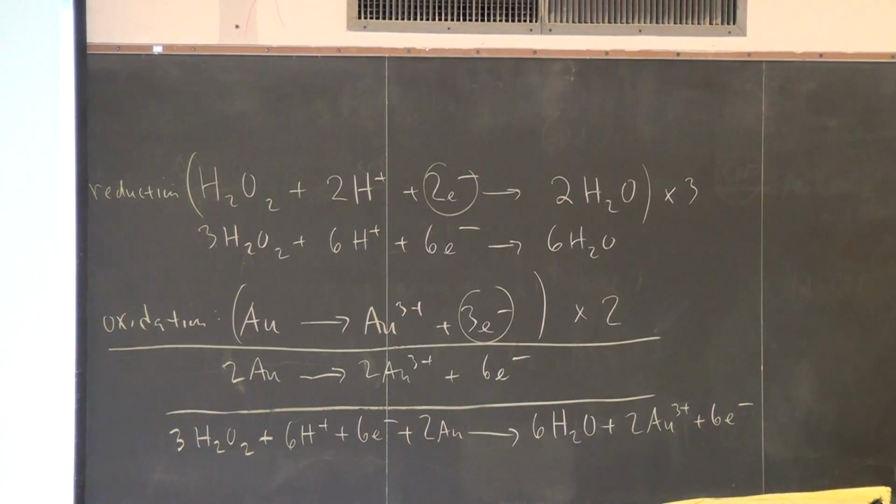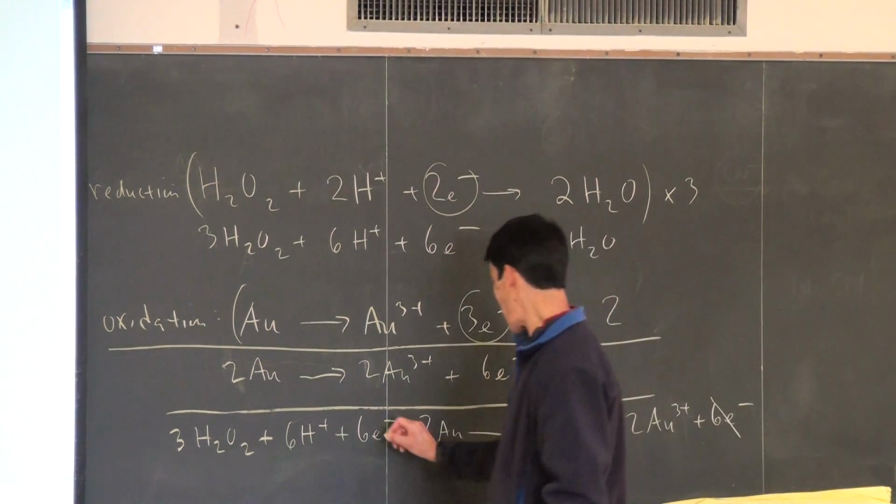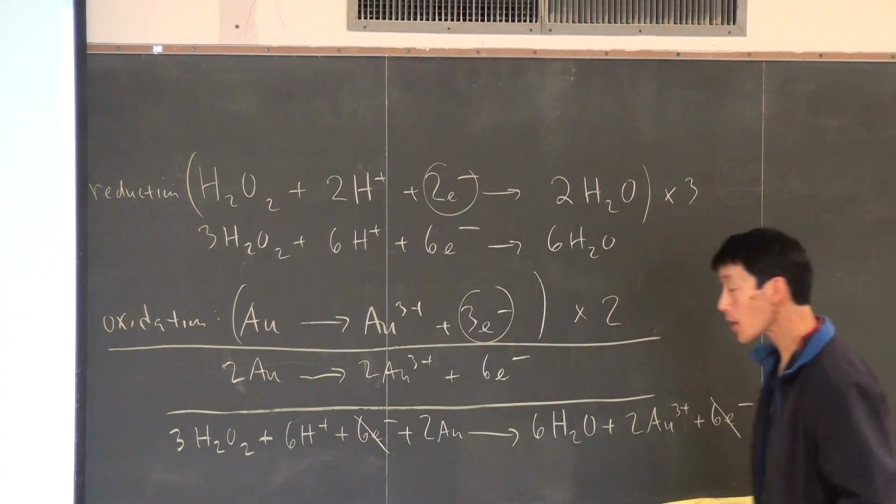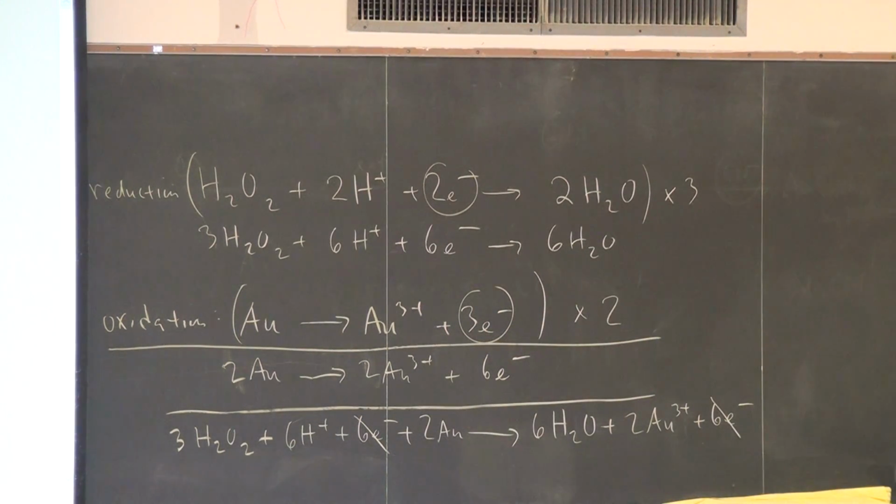Are there any substances on each side of the equation which are the same? Yes, let's get rid of these electrons. So this is our balanced oxidation reduction reaction.